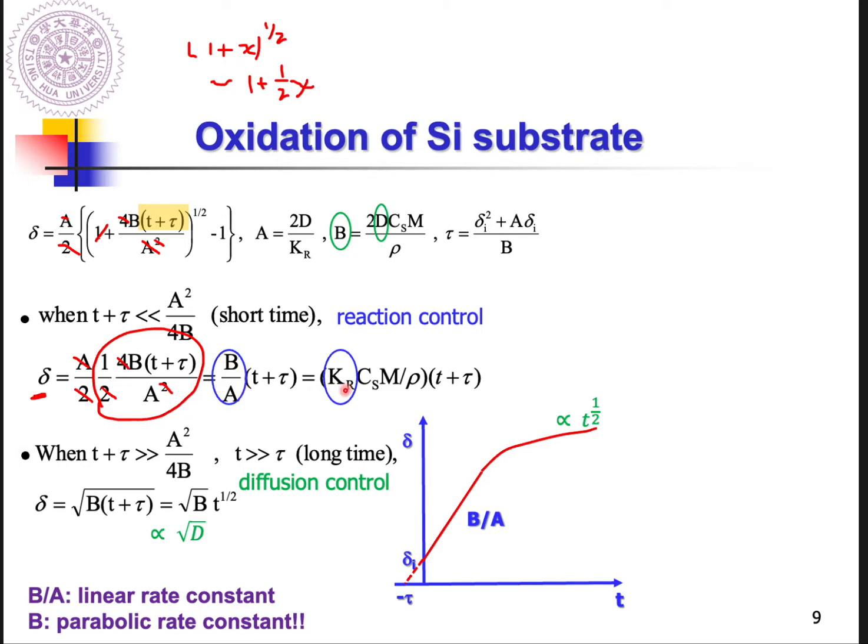And this term is proportional to Kr, the rate constant. And for a longer reaction time, it becomes proportional to the square root of diffusivity, right? So some people call this regime the linear rate constant, and this is the parabolic rate constant.